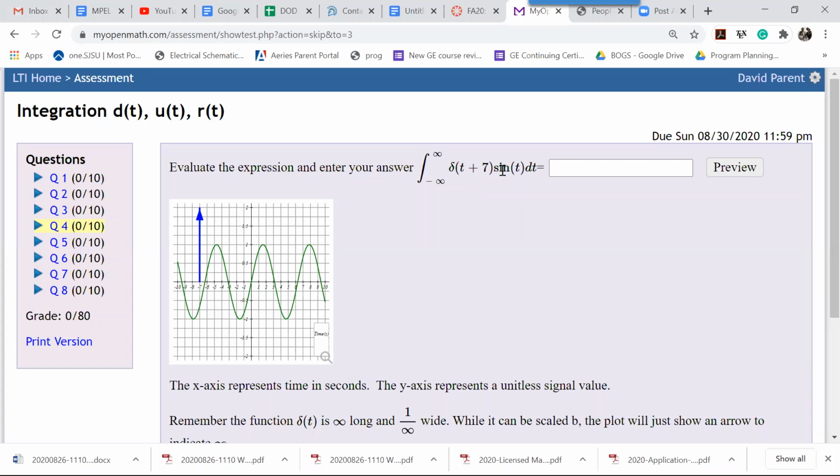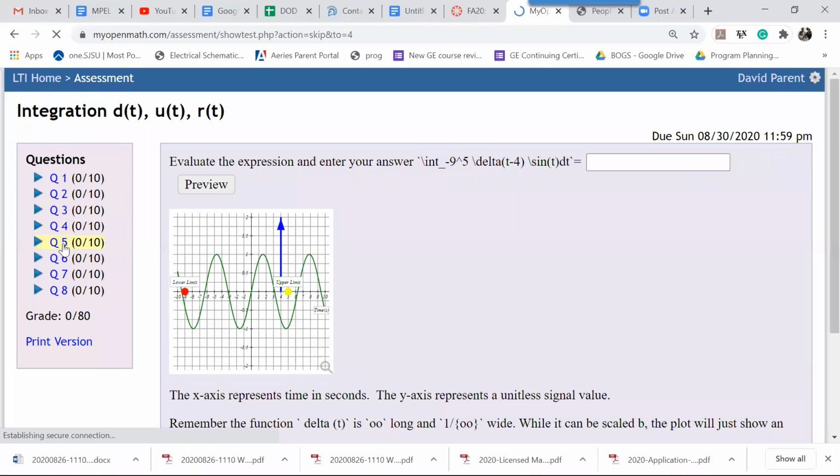But then it gets scaled by whatever the sine of t is at that point, and you should be able to read that off. There's like a 10% variance that you can have in your answer and it'll still be marked correctly.